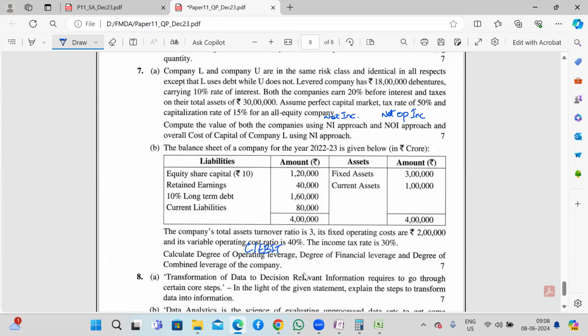So we need to calculate first contribution here. Then financial leverage formula is EBIT divided by EBT. So we need to calculate contribution, EBIT and EBT. So here they have given fixed assets turnover ratio is 3, fixed operating cost of 2 lakhs and variable operating cost ratio is 40%. So income tax rate is 30% they have given.